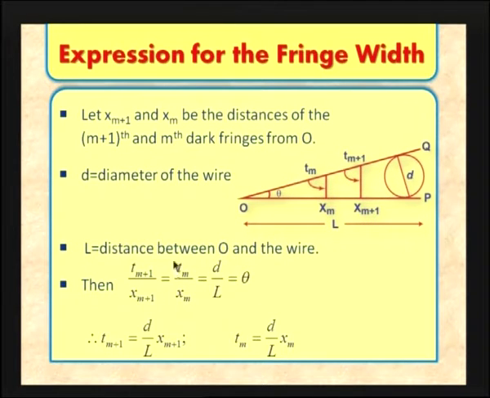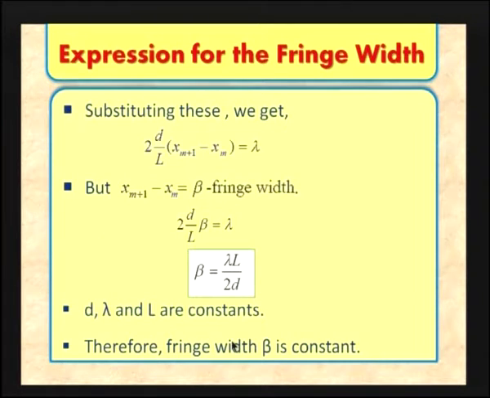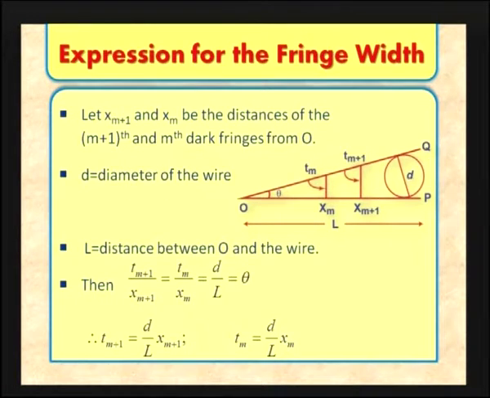From the two expressions that we had, for T m plus 1 and T m, you now have 2 d by L multiplied by x m plus 1 minus x m equal to lambda, because we had the expression for x m plus 1 and x m here. x m plus 1 will be L divided by d multiplied by T m plus 1.